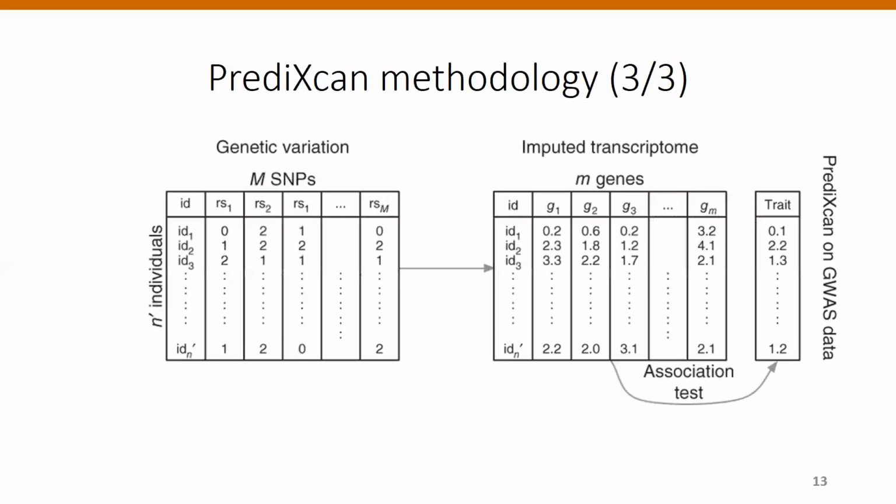Once you have that, and you have a genome-wide association study, you can take the genetic variation measured in the genome-wide association study and use the regression models to transfer that into imputed transcriptome levels. So for the same genome-wide association studies, now you have imputed expression of the genes. And then you can, of course, apply any association test that you want with the trait. So that's the basic methodology of PrediXcan.